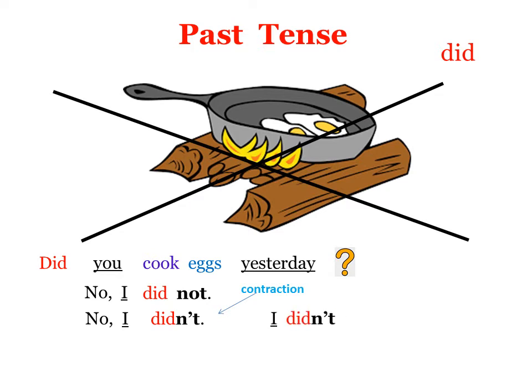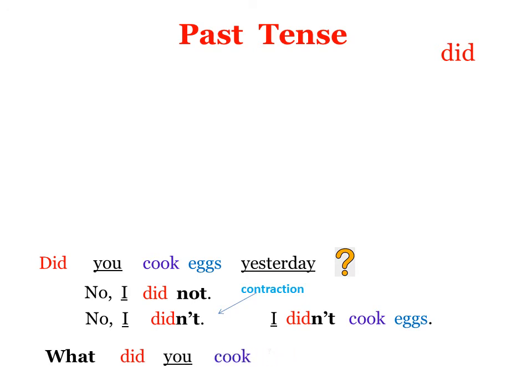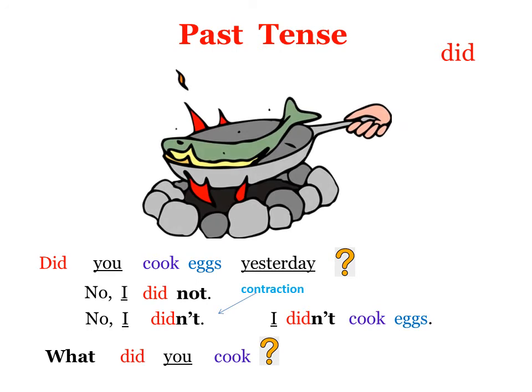A negative sentence, I didn't cook eggs. What did you cook? I cooked fish.